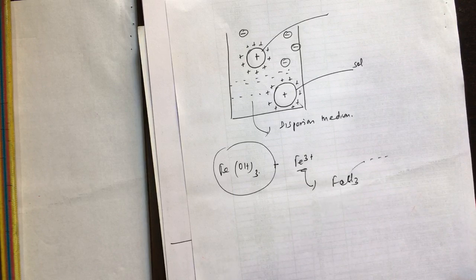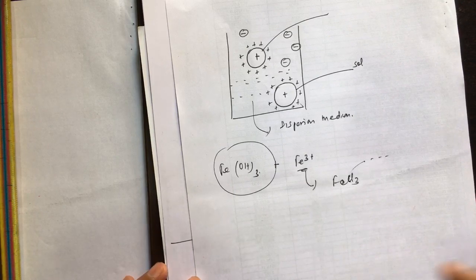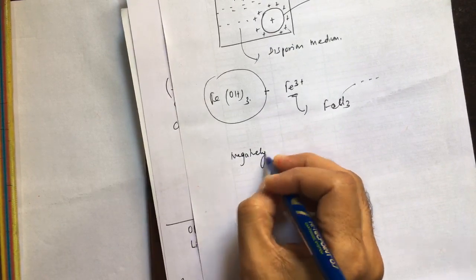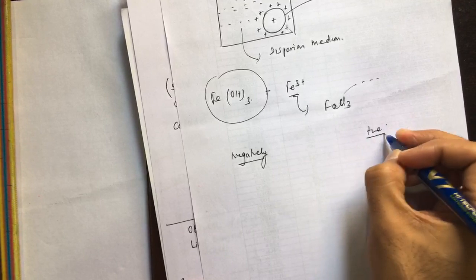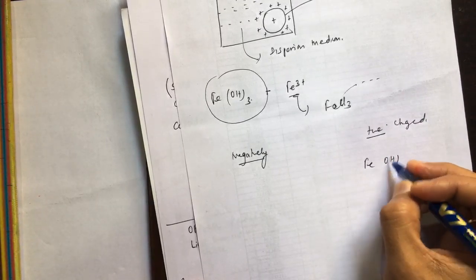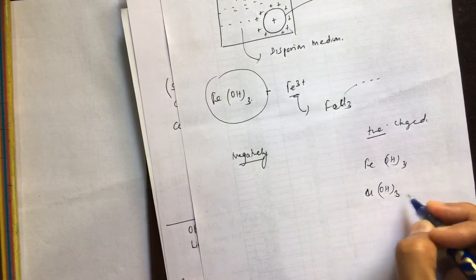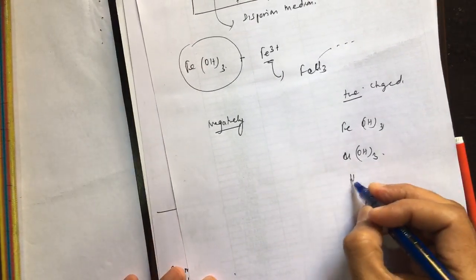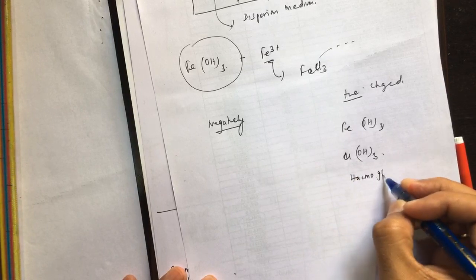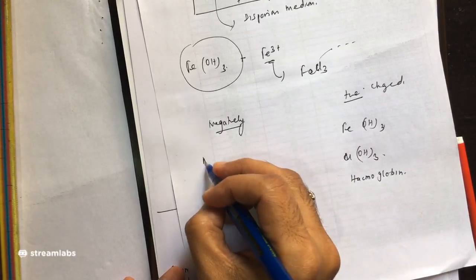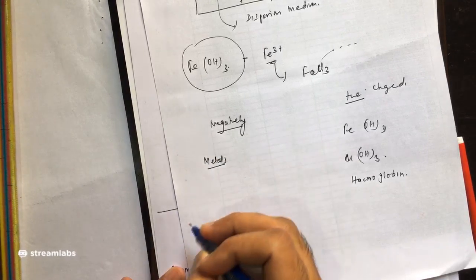Okay, so just remember, we have negatively charged and we have positively charged Sol particles. Ferric hydroxide is going to be positively charged, aluminum hydroxide positively charged, hemoglobin also is going to be positively charged, while negatively charged, if you talk about metals, are negatively charged.